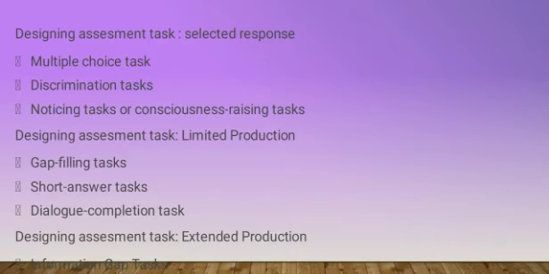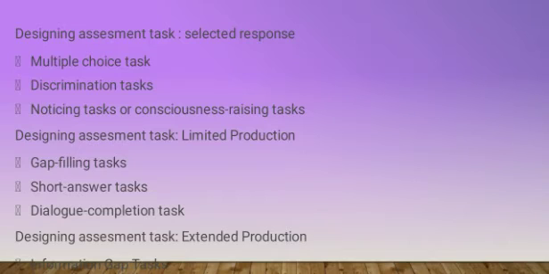Next, short answer task. The input is presented in the form of a question following a reading passage or oral or visual stimulus. The expected test taker response can vary from a single word to a sentence or two.